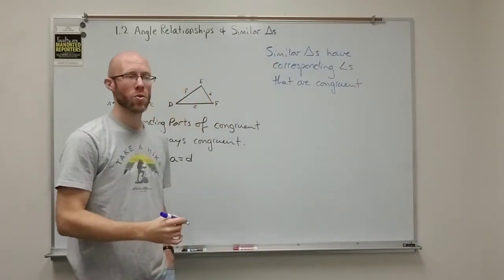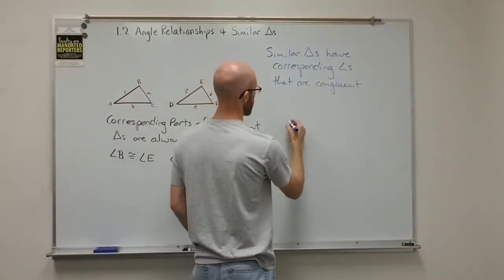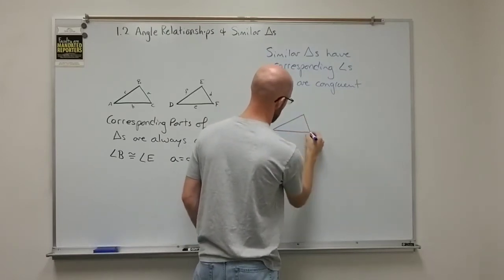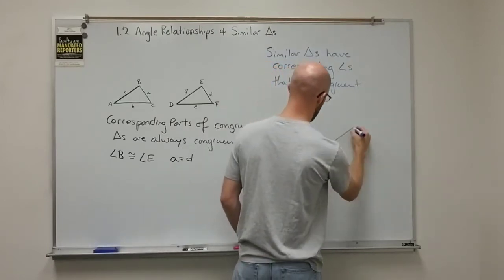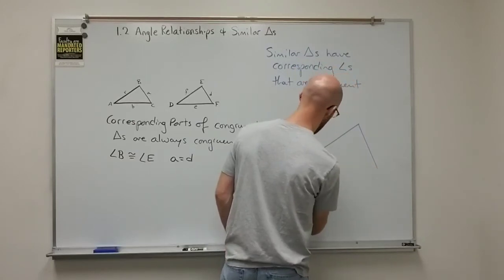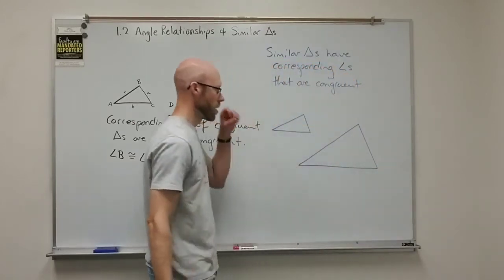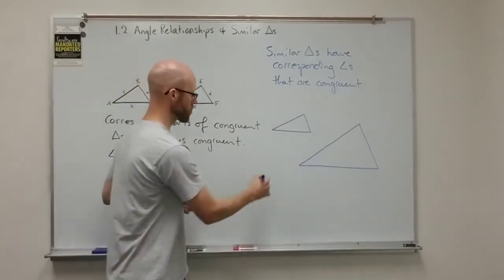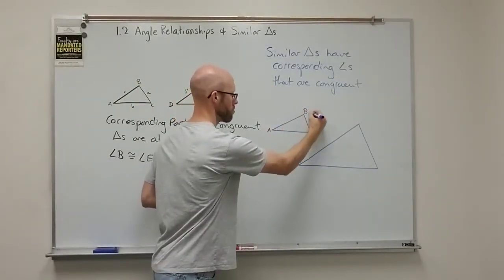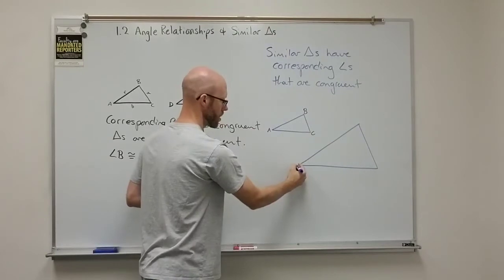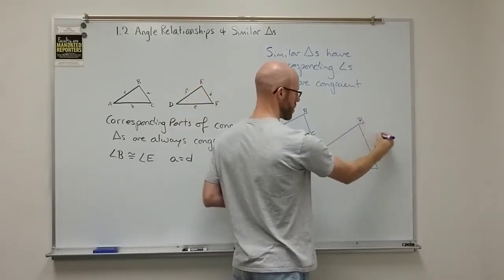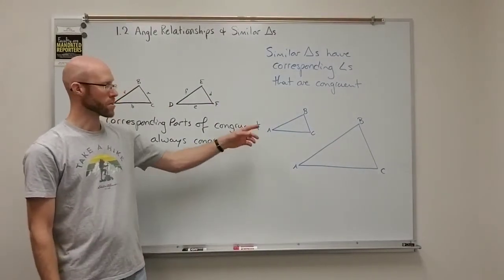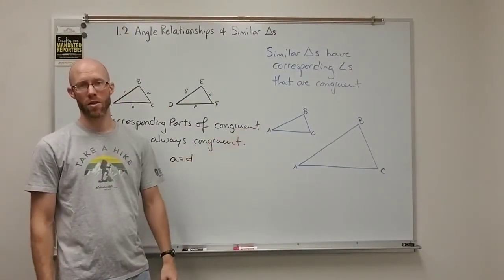Okay, so if I were to draw similar triangles, maybe here's a smaller one, and here's a bit bigger one. And let's assume they're similar. That just means that the angles are the same. So if I have angles A, B, and C here, then they'd be the same angles on the other triangle. Now the opposite sides are not necessarily the same.